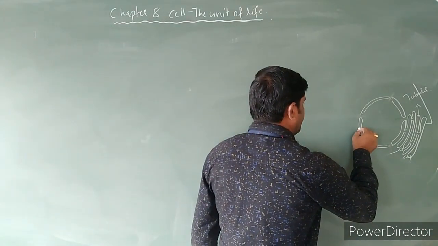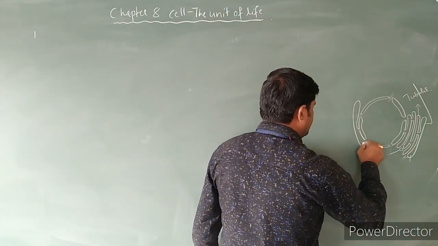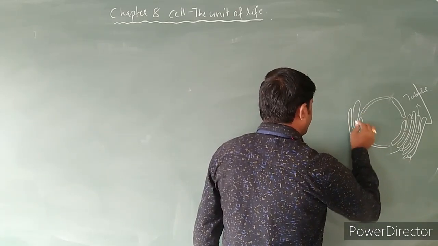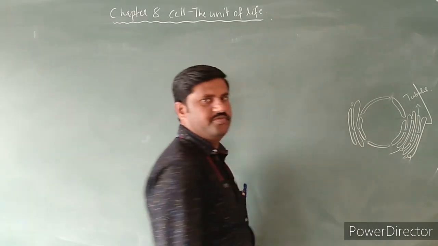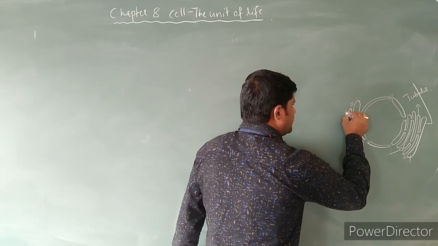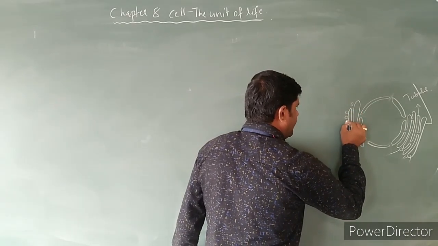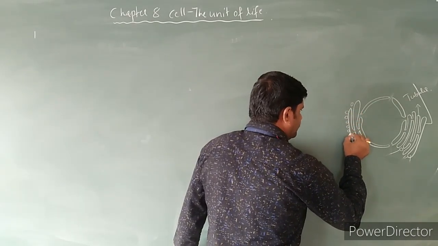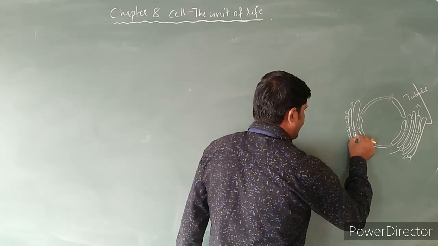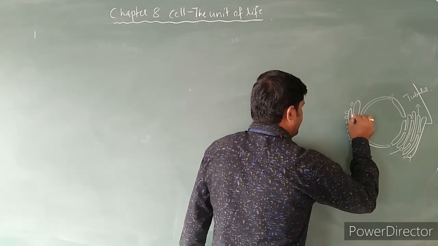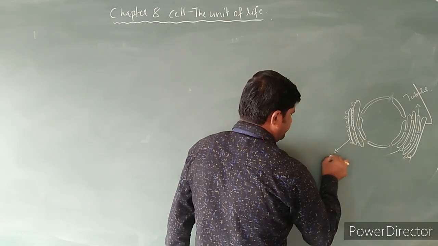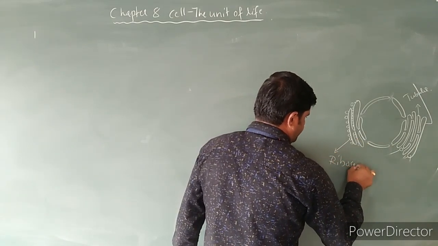See here, this is also the endoplasmic reticulum. It is an interconnected tubular structure along with the vesicles, tubules, etc. And on this endoplasmic reticulum, there are some spherical or oval shaped structures attached on the outer surface, and they are nothing but the ribosomes.